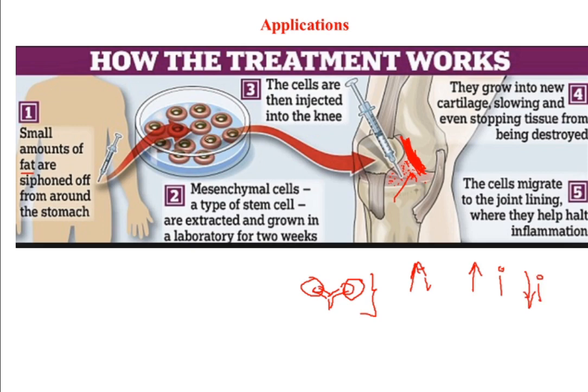So tissue repair is one, especially in rheumatoid arthritis, where we have successfully used stem cells. It repairs the cartilage and reduces the inflammation, and this is how the life of the joint is increased. This is already done. This is one application.